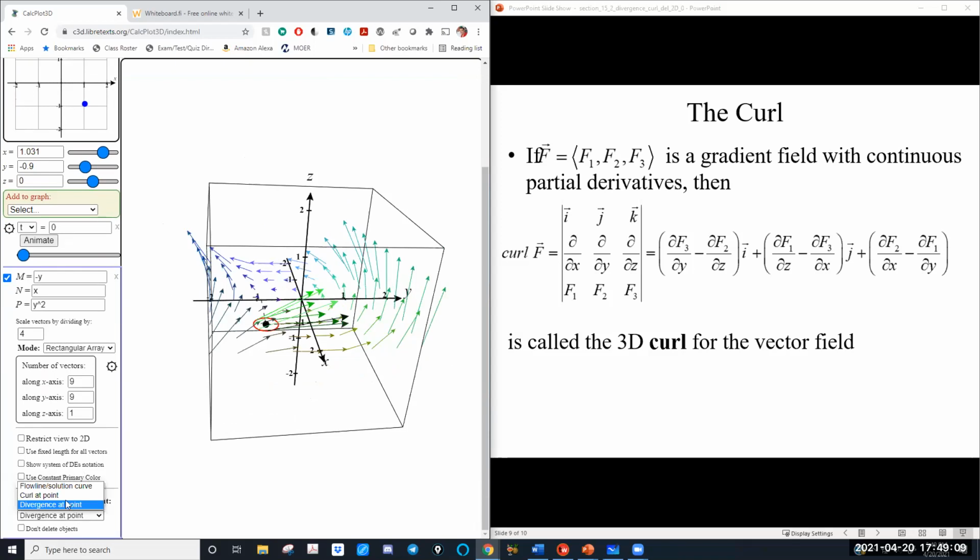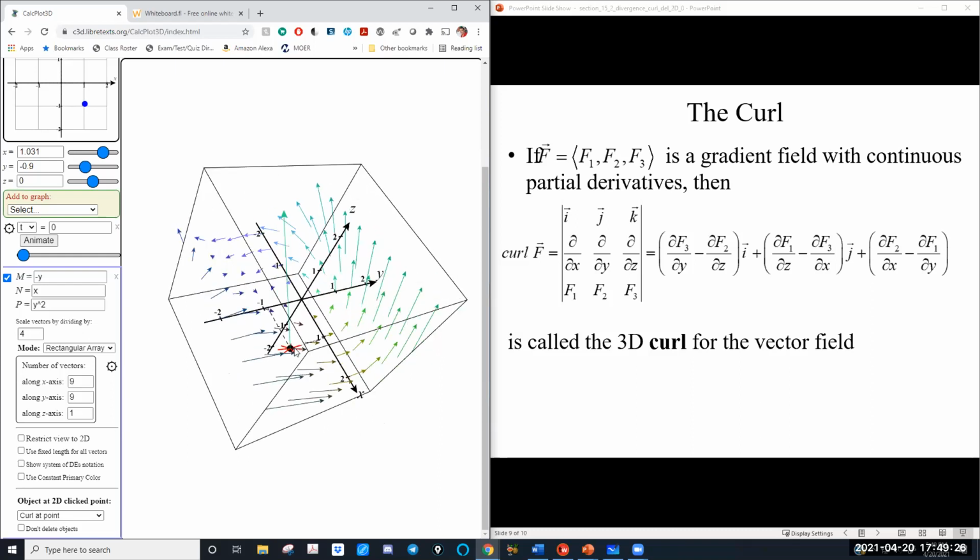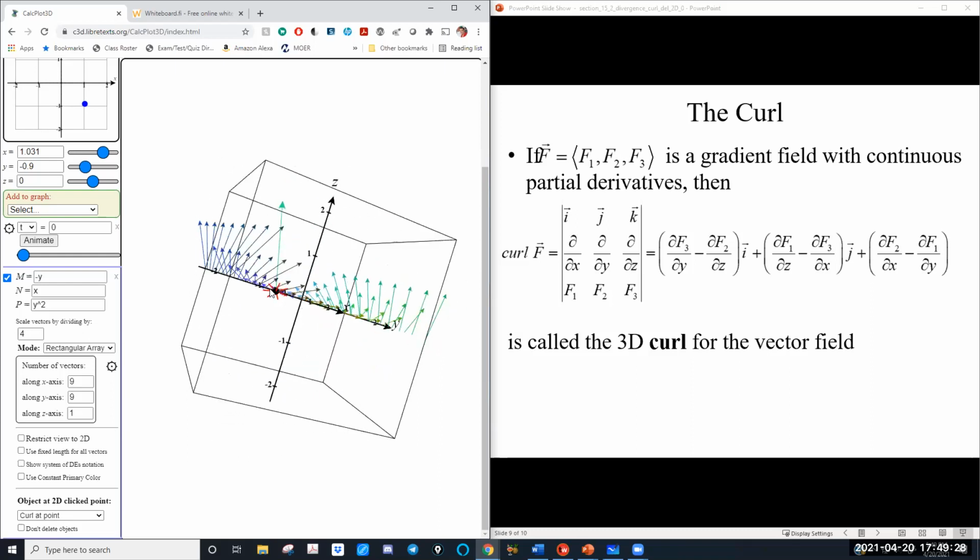But I wanted you to see the curl because there's one thing I want to show you on the curl. This is the vector of the curl. All right. So, the video talked about that right-hand rule. There's the vector. And then once you do your right-hand rule, your hand will curl in the direction of the rotation.